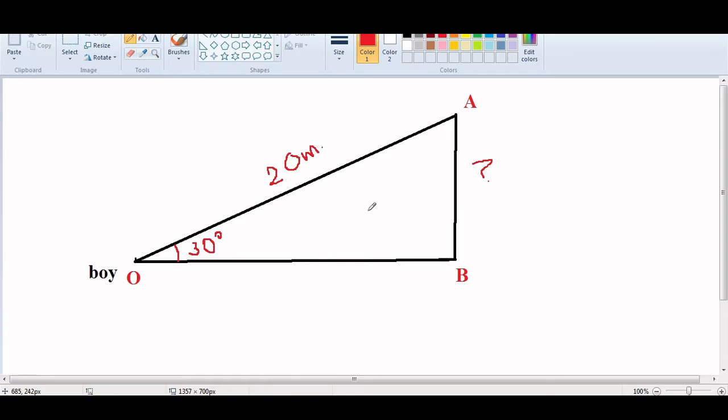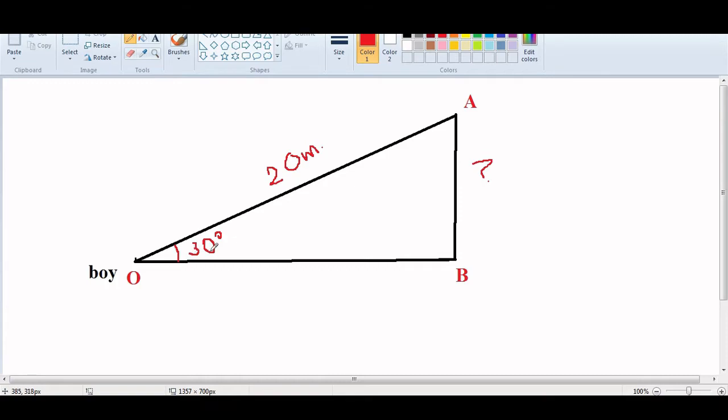So you can see over here, we always need to draw this kind of diagram, that is, we have to visualize all the diagrams with respect to a right angle triangle. It will easily help you out. Okay, but it's not always possible to draw a right angle triangle, so it will vary according to the problem. We will see later on. It's a right angle triangle, and this side is the hypotenuse, we all know.